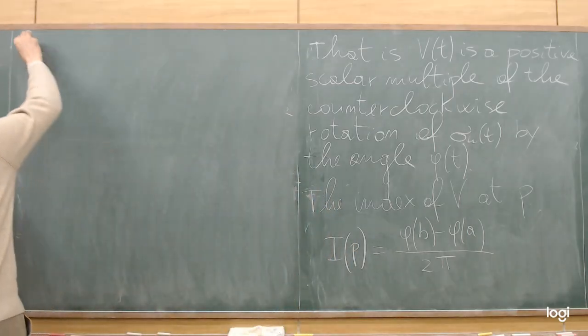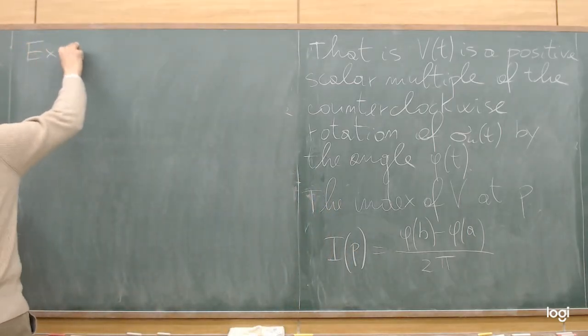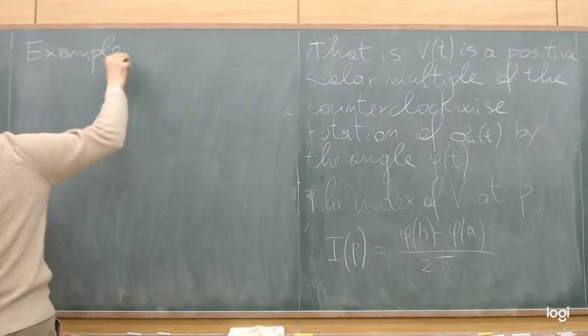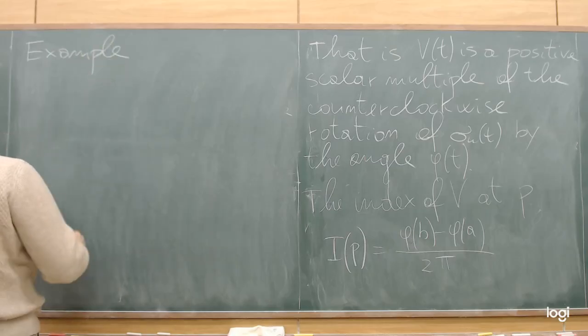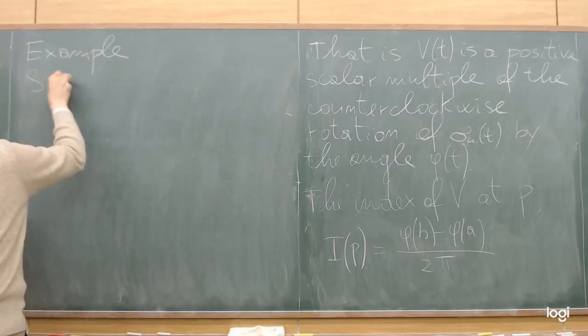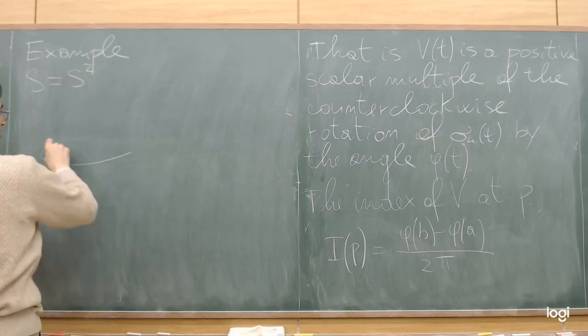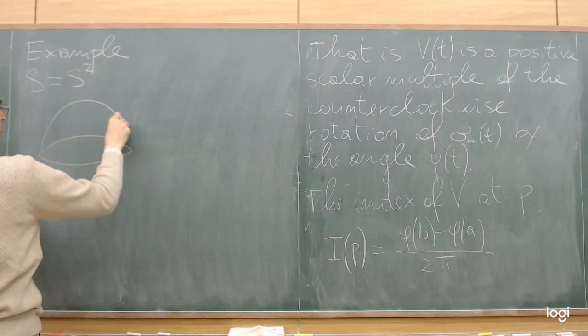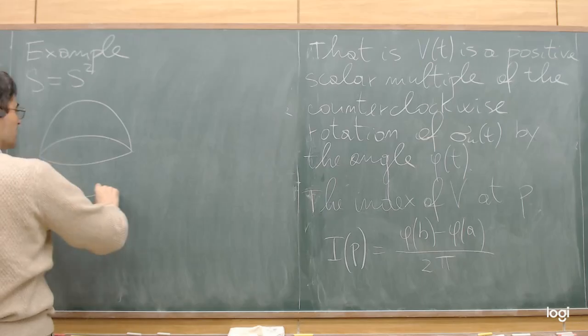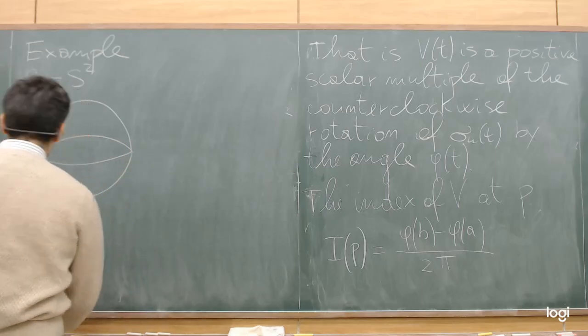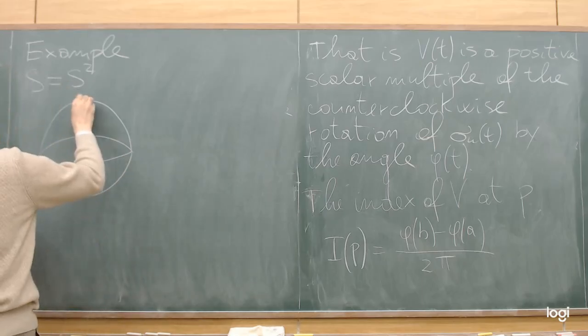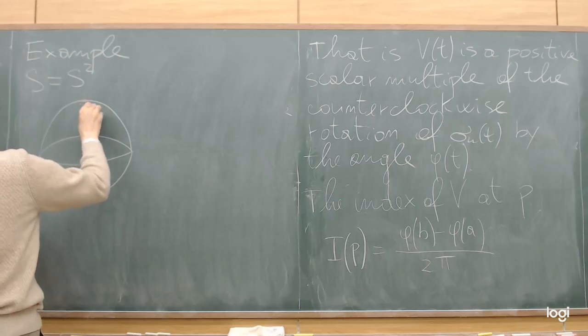I want to show you just two examples where S is S2 and V is the vector field given in the picture.